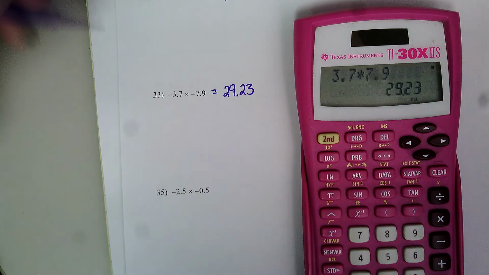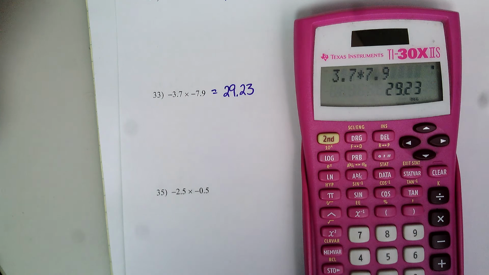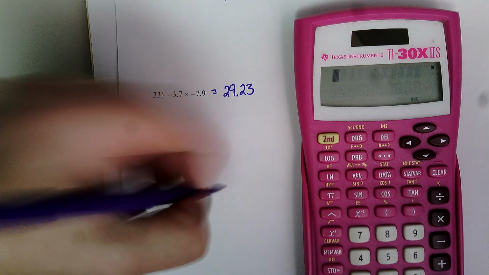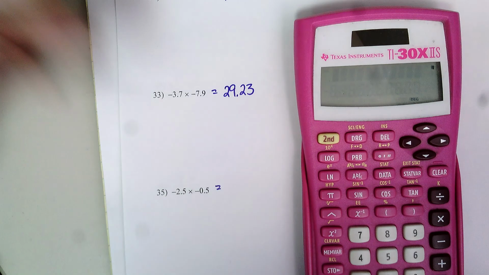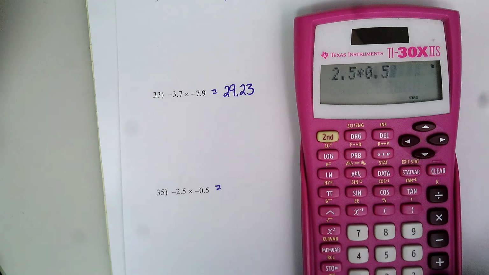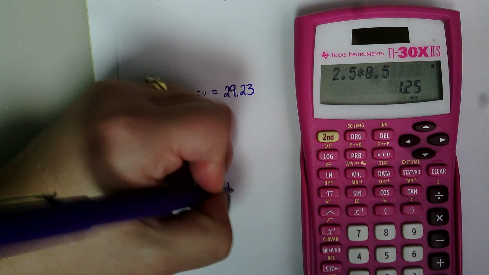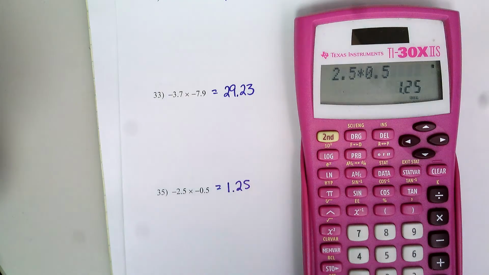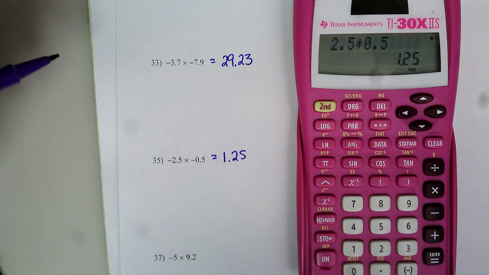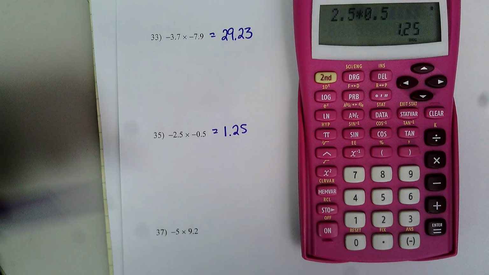Okay, number 35, I have two negatives, so I know my answer is going to be positive. So 2.5 times 0.5 is going to be 1 25 hundredths. That's essentially half of 2.5.